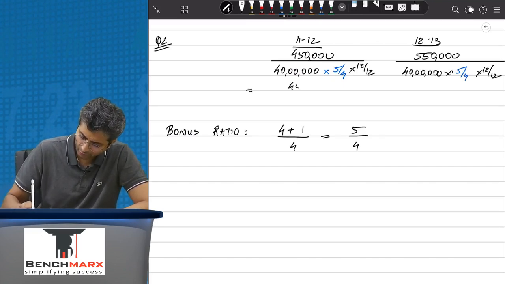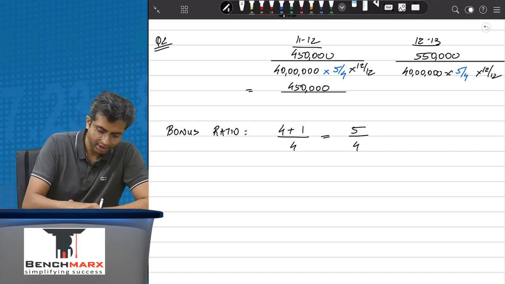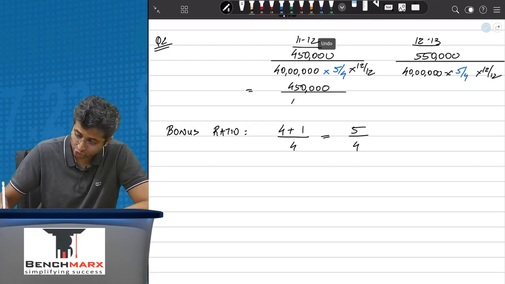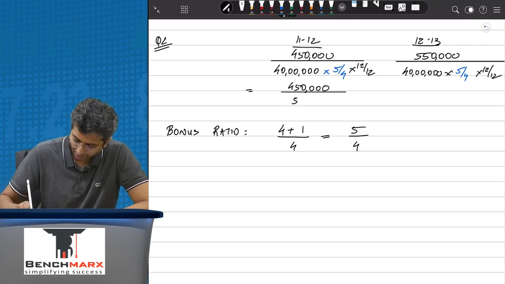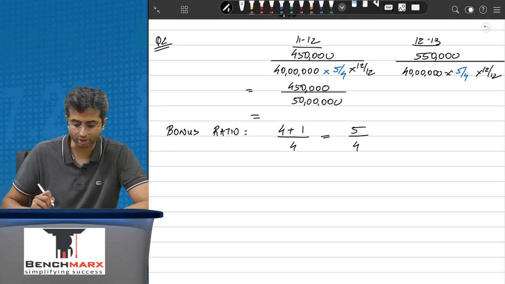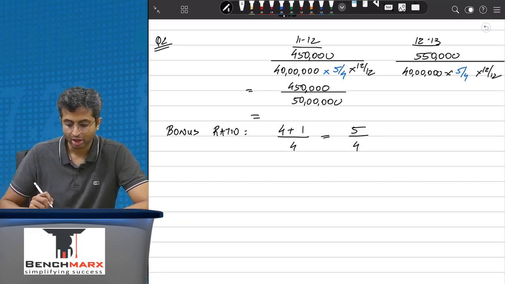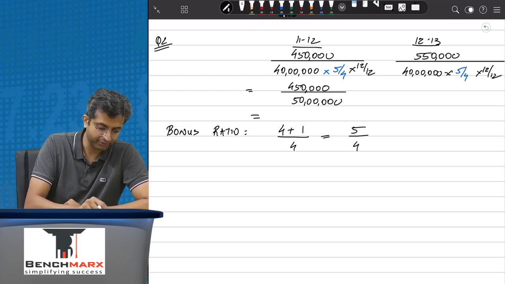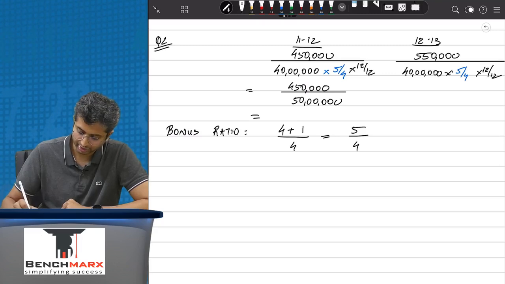So this is 4 lakh 50 upon, let us say, 40 lakhs into 5 divided by 4, which is 50 lakhs. This is your restated EPS. If you actually open the annual report of the last year, your EPS would be calculated based on 40 lakhs only. However, this will be 4 lakh 50 divided by 50 lakhs, which is 0.09.